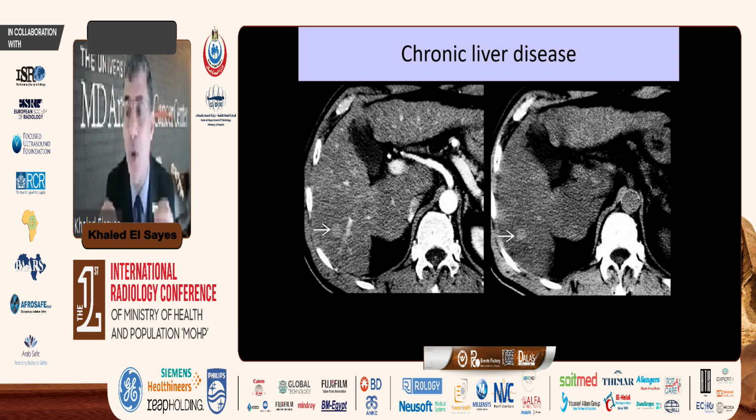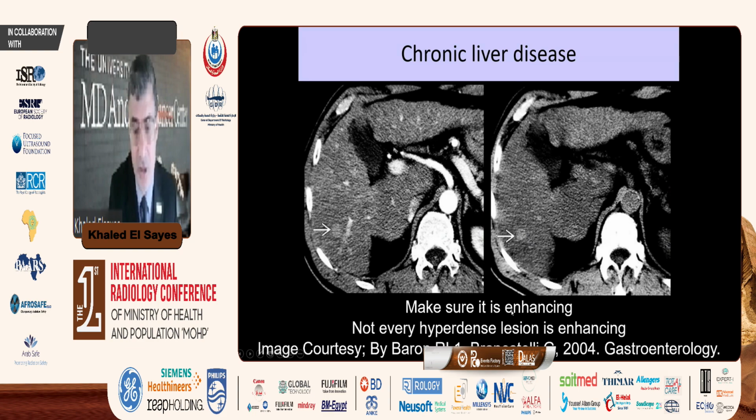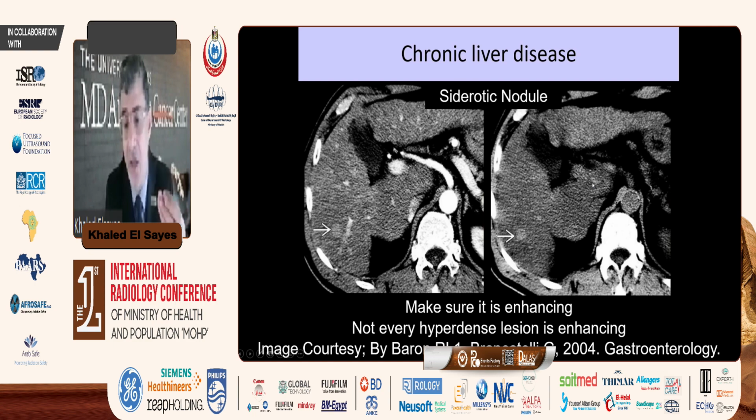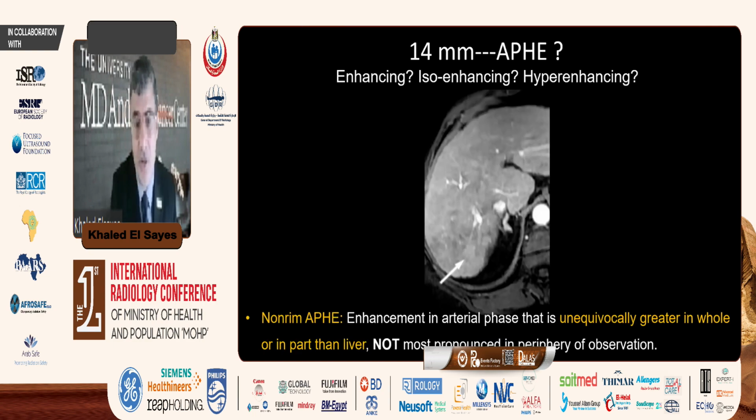When it includes iron, a cirrhotic nodule can be hyperdense, like what we see here. It's not really hyper enhancing, it was already hyperdense. You can just put an ROI and know that the attenuation here is not much different. So not every hyperdense observation is hyper enhancing. This was a regenerative cirrhotic nodule containing iron, making the nodule hyperdense.